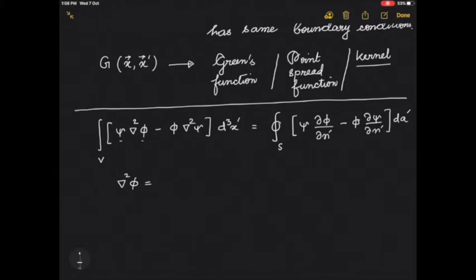See, remember that this psi and this phi are any two functions, and I am writing the Poisson equation, which is this, and I also have grad square g. Okay, so few things here.